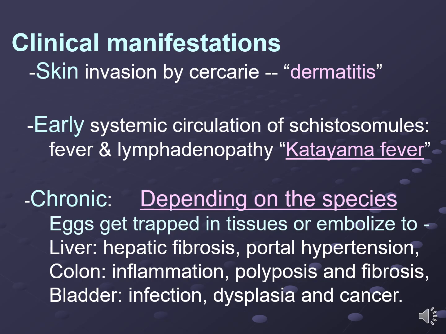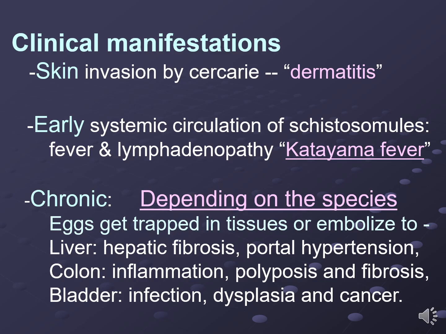This is during the maturation of the parasite, while it is still enlarging and maturing before it is deposited in the veins, its destination, and the patient would have fever and lymphadenopathy, or enlargement of the lymph nodes. This phase is referred to as Katayama fever. Dr. Katayama from Japan described that.